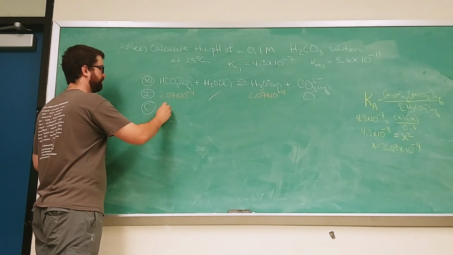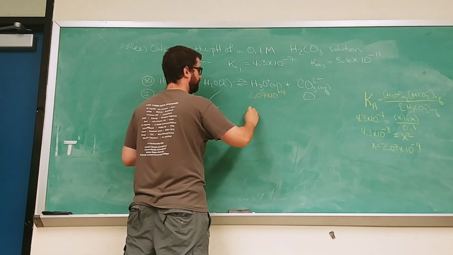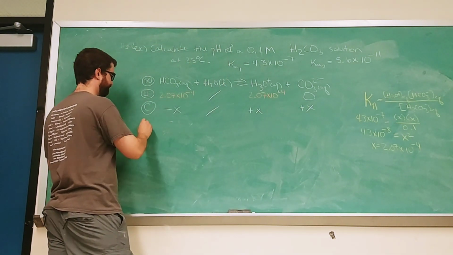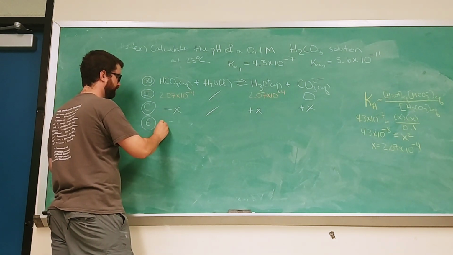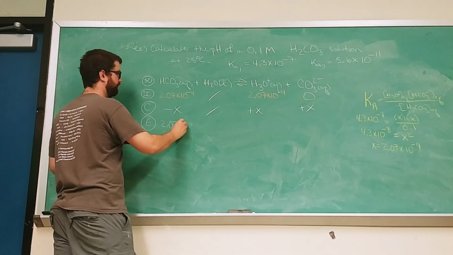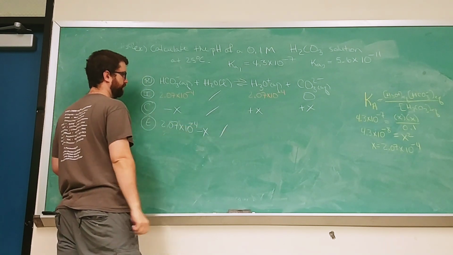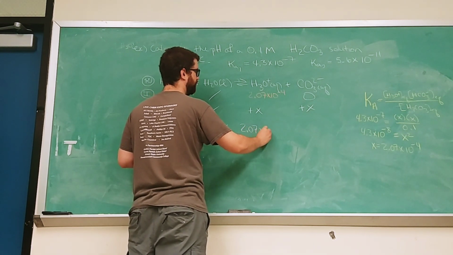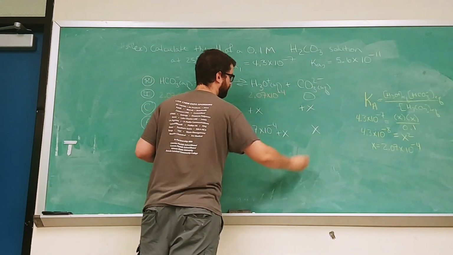My change is minus x, I don't care, plus x, and plus x, and at equilibrium, this is 2.07 times 10 to the negative 4 minus x, I don't care, 2.07 times 10 to the negative 4 plus x, and x.